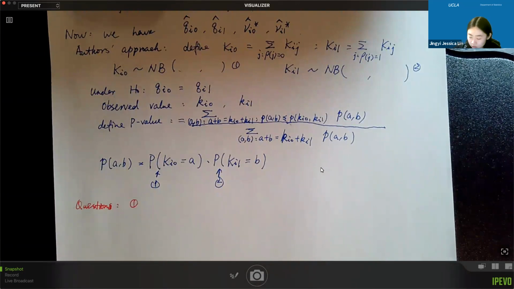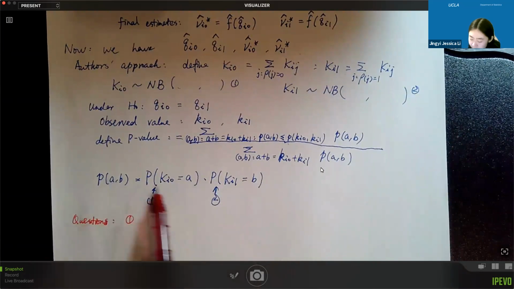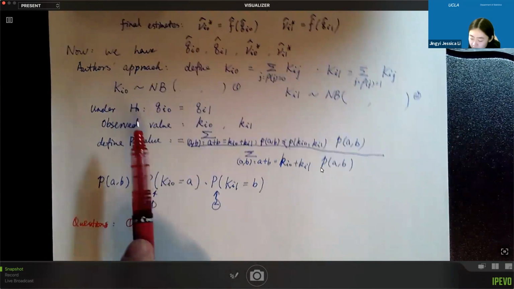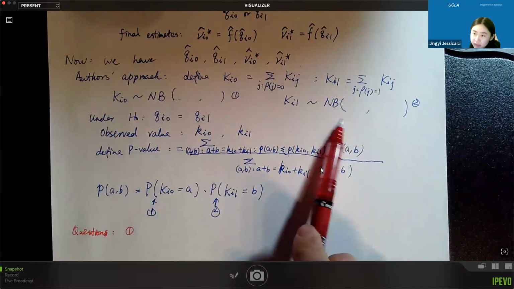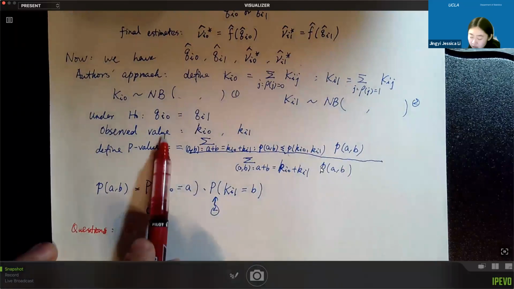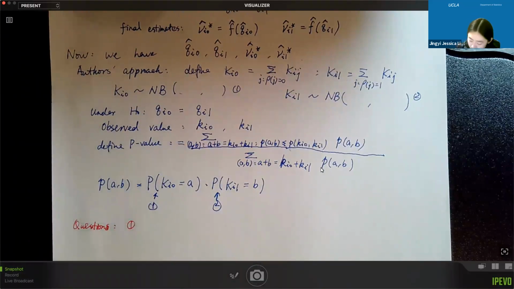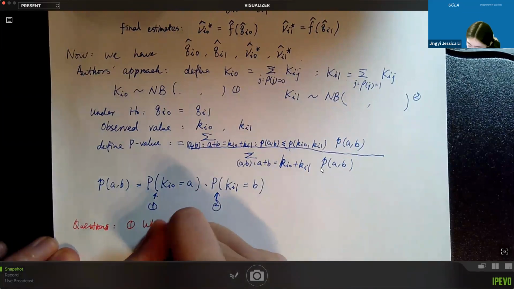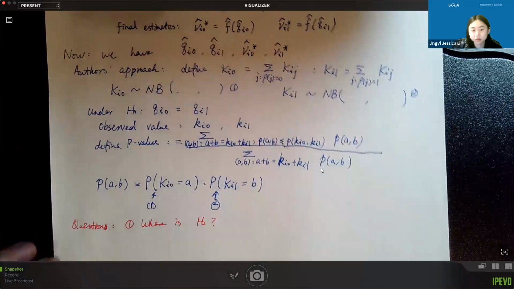I think it's strange that when we calculate this probability, we are using the condition 0 and condition 1 separately. And we didn't actually use this assumption that they share the same mean in this calculation. That's my first question. So where is this null hypothesis in the p-value definition?